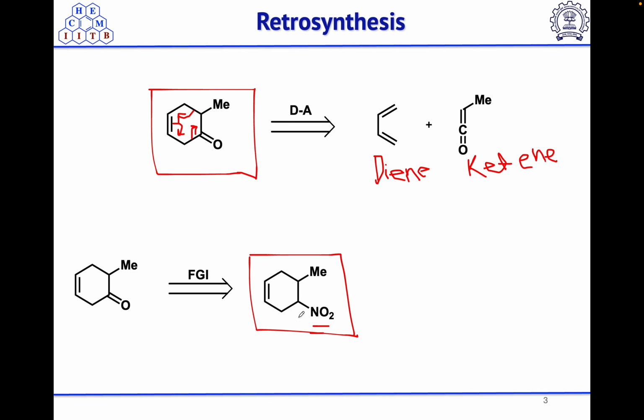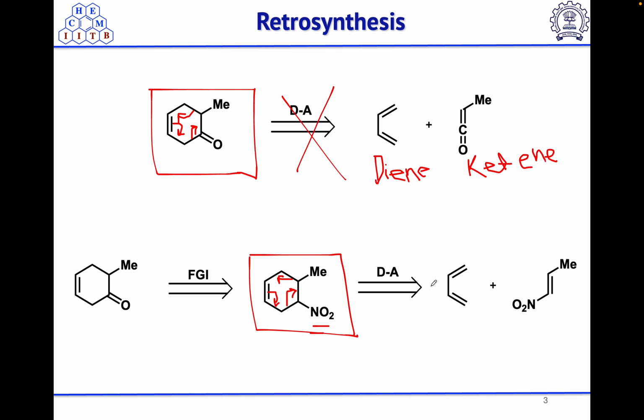In a similar fashion, we do a retro 4+2 and get this dienophile. There is no problem for this dienophile to undergo a Diels-Alder reaction. In the first example the Diels-Alder reaction is very difficult and will not happen, but here it is very easy.